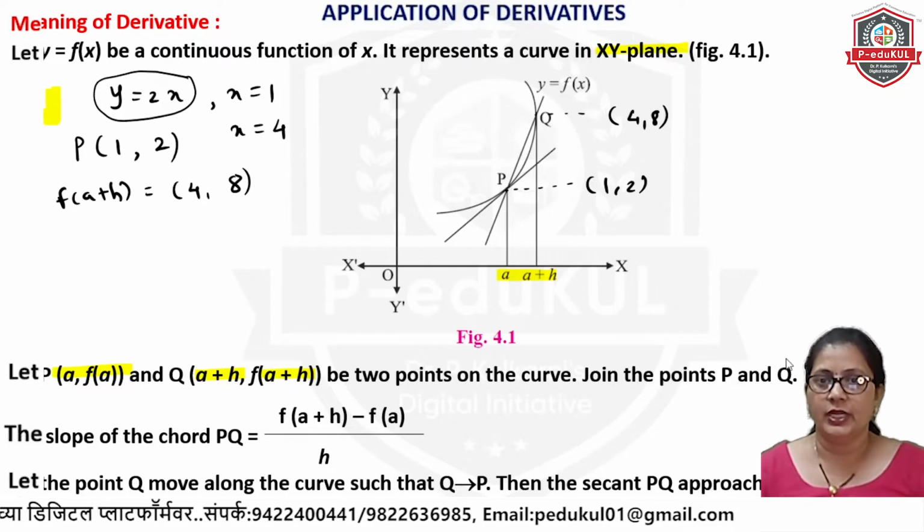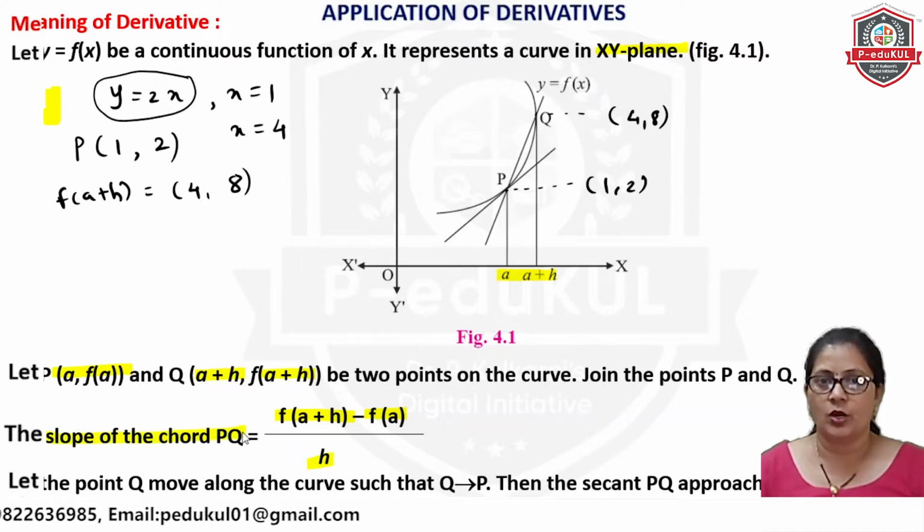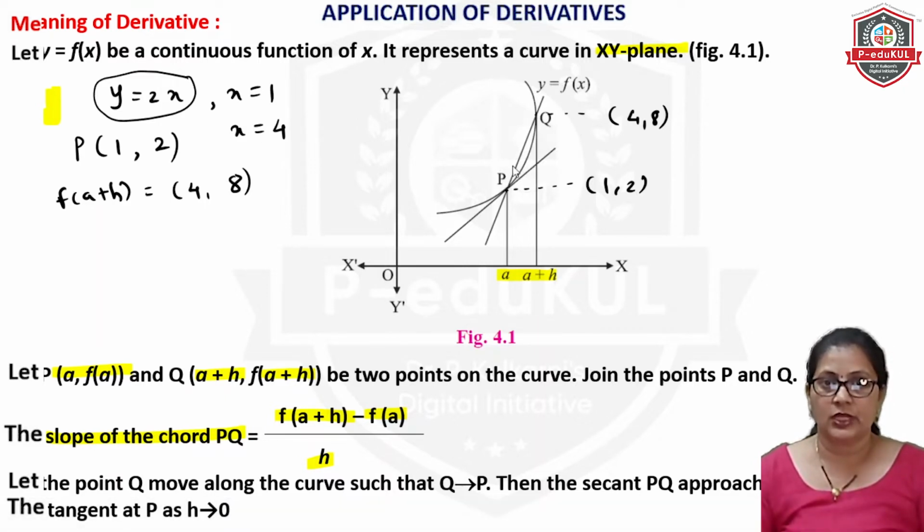So if we take the difference f(a plus h) minus f(a) upon h, that is the slope of the chord PQ. The chord is drawn like this, and the slope is calculated by this formula. This slope is nothing but the derivative of that function, that is dy by dx.